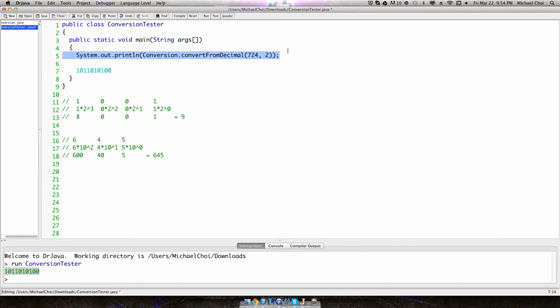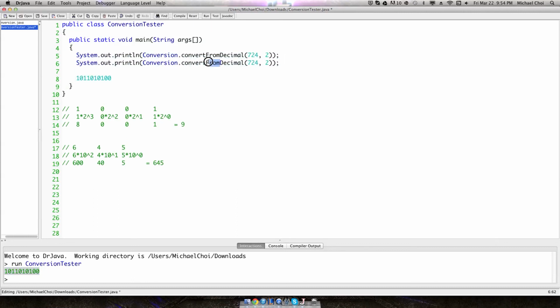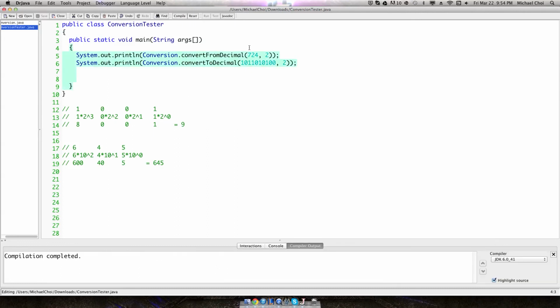Assuming that's right, if we convert our binary to decimal, we're saying, okay, send this number, we have the base of 2, and convert it to decimal. We should receive 724. And look, we do. So it's simple as that.